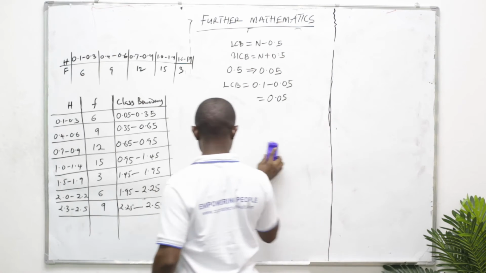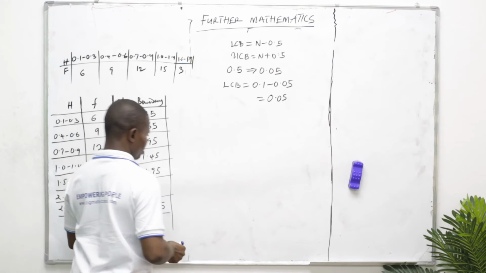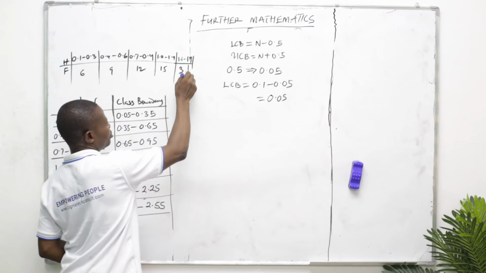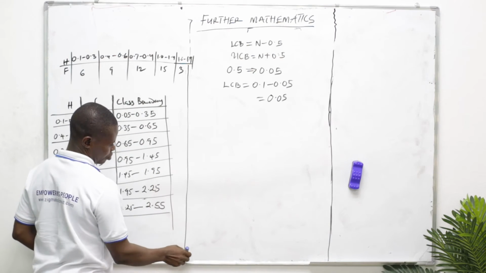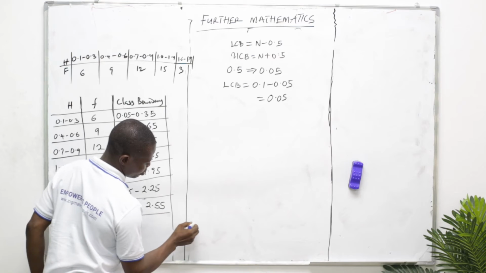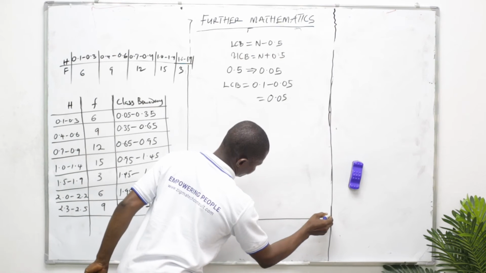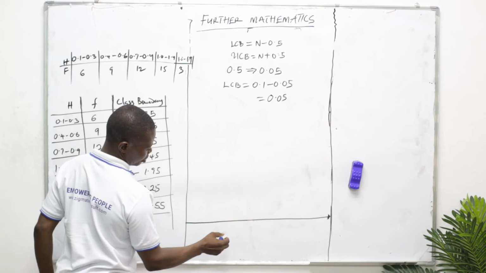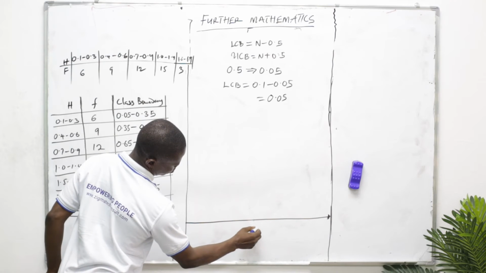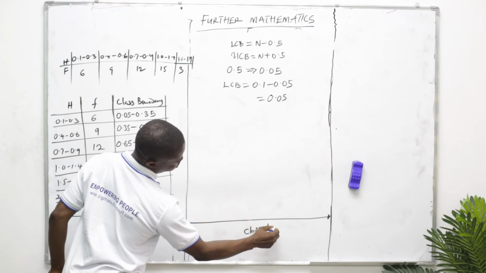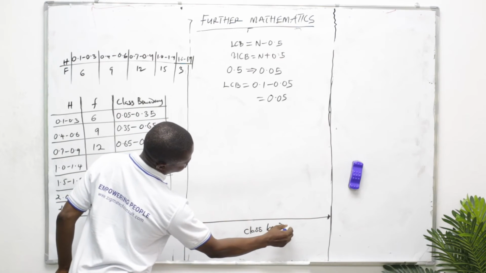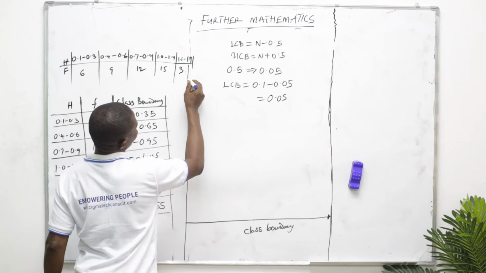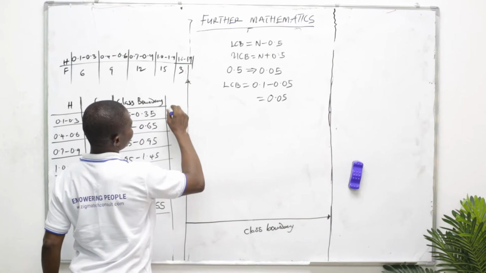Anyway, let me still leave it there. I want to draw the histogram. If this happens to be a histogram, this is our class boundary. Okay, and this way represents frequency.